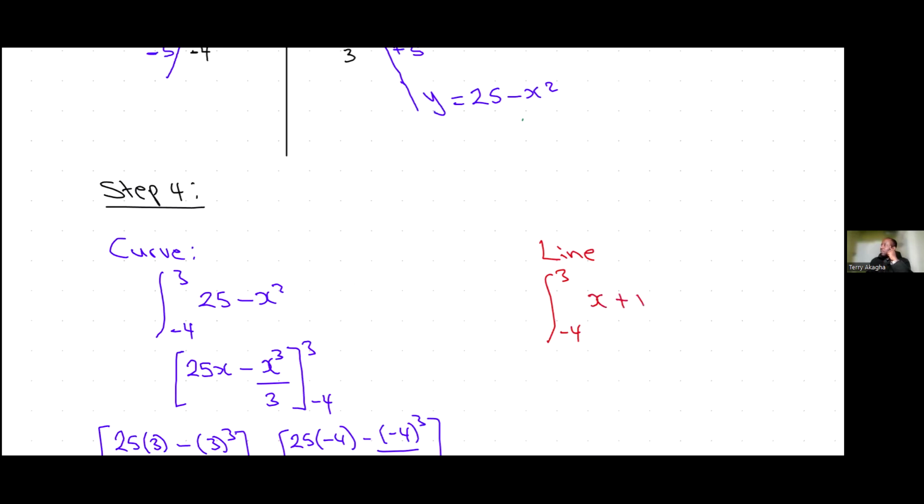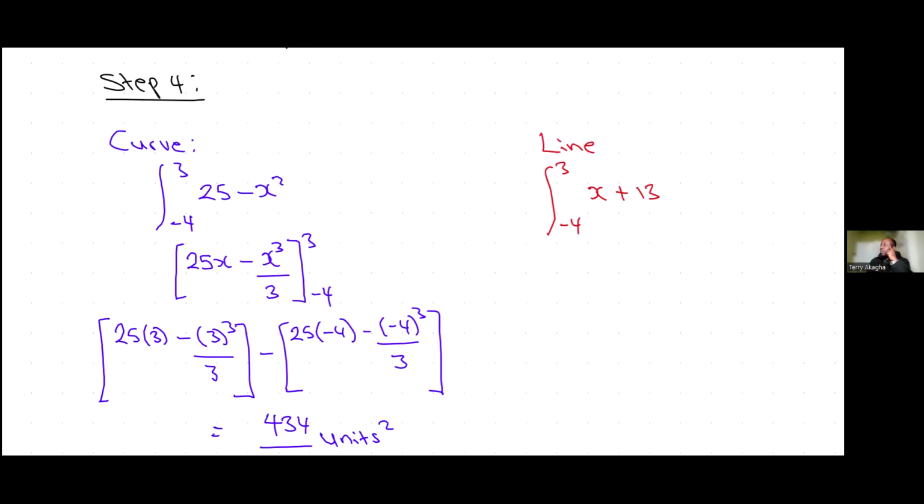All right, the same thing, we're going to integrate this. Remember I said the x has a 1 here, so it becomes x, 1 plus 1 will give you 2, divided by 2, plus 13 is going to give us 13x, between 3 and minus 4.